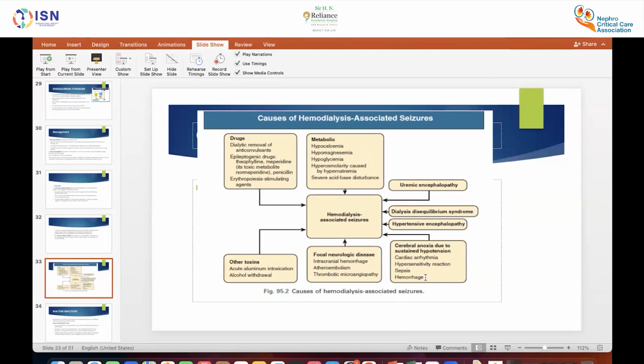And the ionized calcium, the reverse is true. In acidosis it is present in the ionized form more, and albumin bound calcium will be less. Whereas when your metabolic acidosis gets corrected to alkalosis, some fraction of the ionized calcium will bind with the albumin, and there is a relative reduction of the ionized calcium.